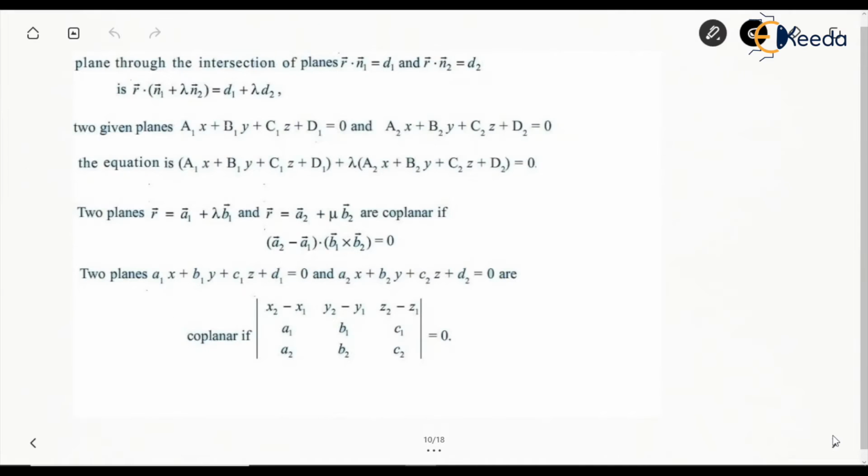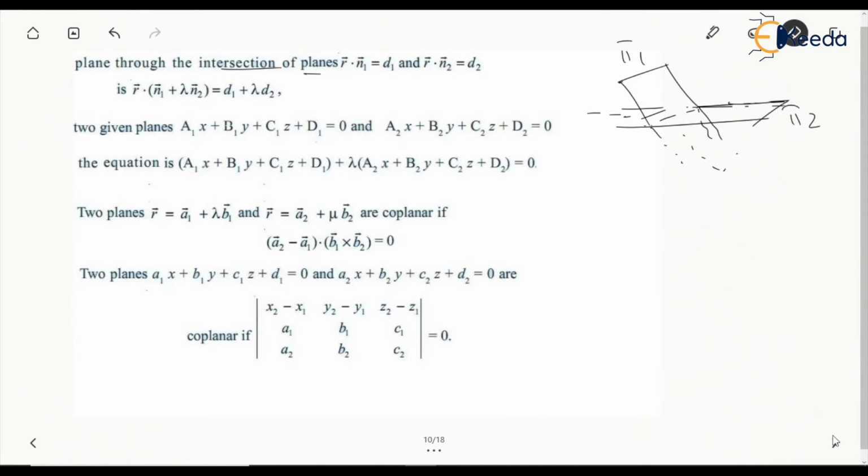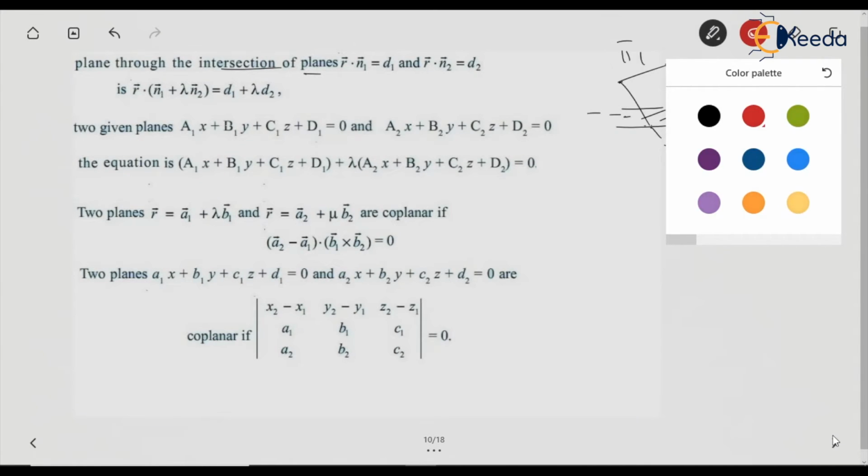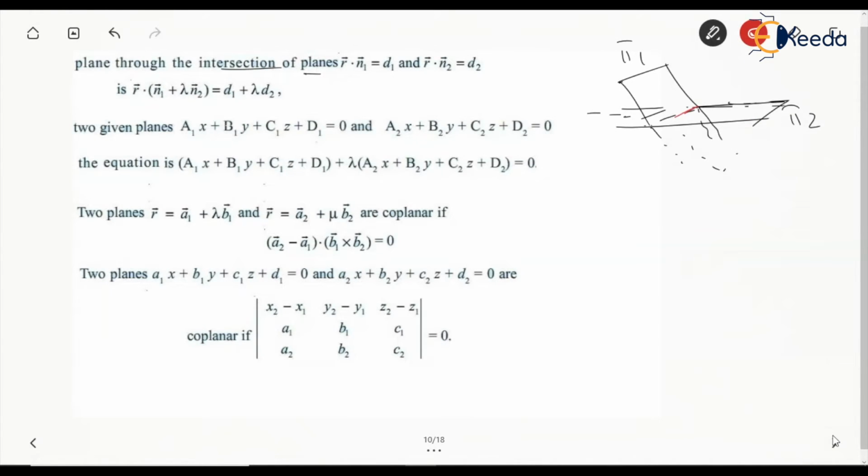Now we also need a plane through the intersection of planes. Let's say we have a plane and let's say we have another plane. Let's say this is one plane pi 1, this is another plane pi 2, this is extending here, this is extending here, and this is the line of intersection of these 2 planes, right?